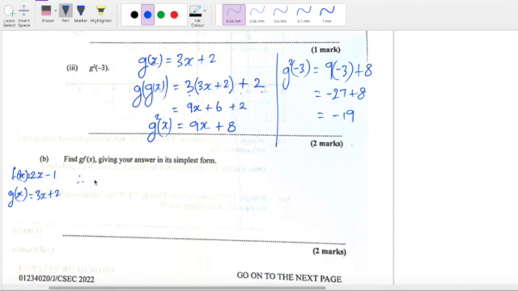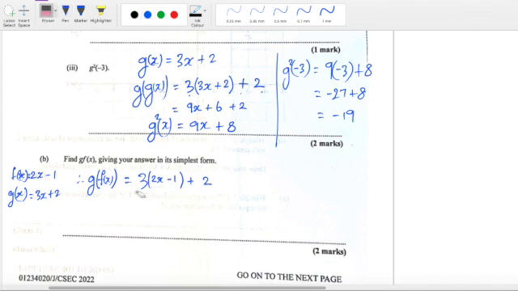So therefore, g of f of x: we are taking f of x and putting it inside the g function. So I have the g function 3x plus 2, and I'm taking the f of x function and putting it where that x was, so that is 2x minus 1, right?